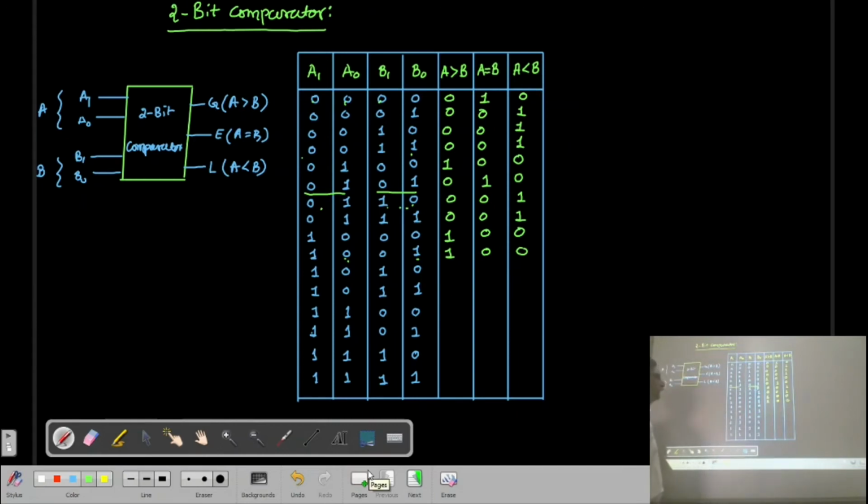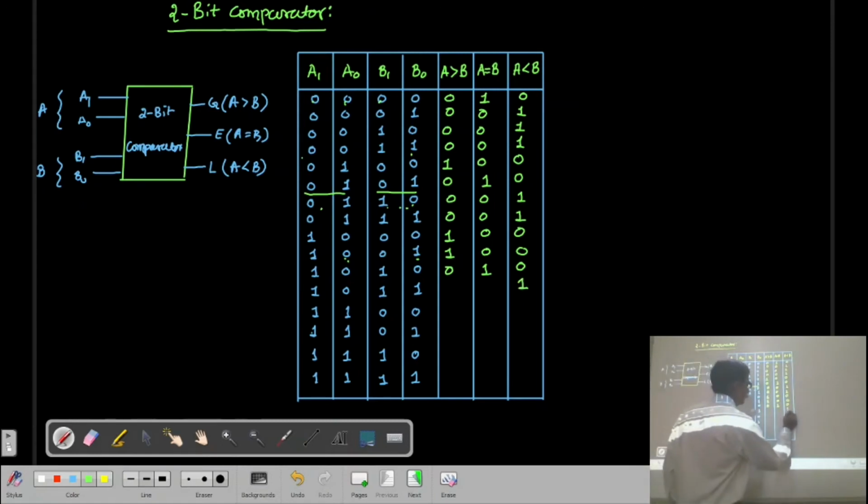Again you will find that in this number 1 0 is there, here also 1 0 is there, which means both numbers are the same, so A is equal to B and therefore this will be 1 and these are 0 0. Then in the next combination, B is greater than A, so this will be 1 0 0.